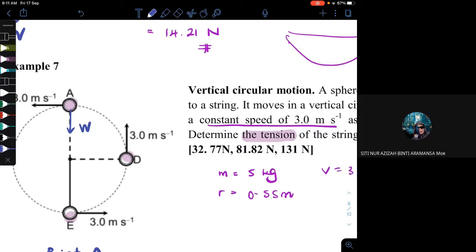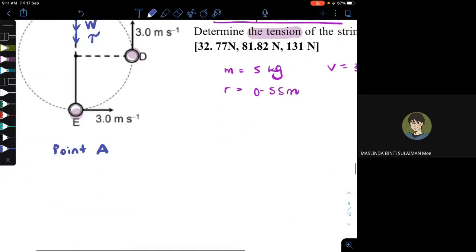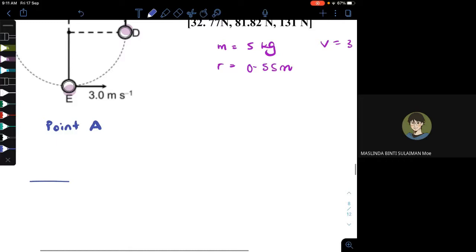Ke bawah. Okay, very good. Tension ke bawah. Okay, I don't think we have any other forces. We don't have surface. Kita tak ada external force. Kita tak ada frictional force. Itu saja kan our forces. So we draw the free body diagram. So we have weight and then we have tension ke bawah.